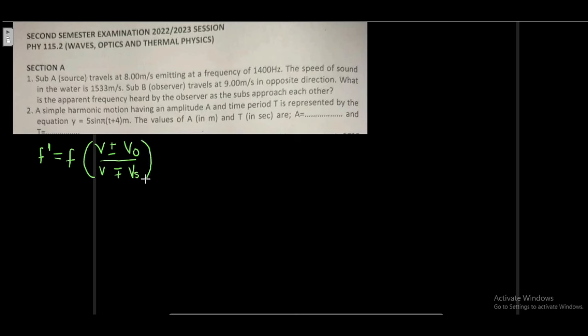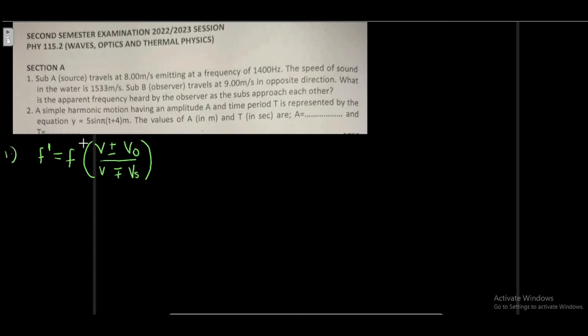So this is the general equation for the Doppler effect, where both the source of sound and the observer are moving. Now let's simplify this question.